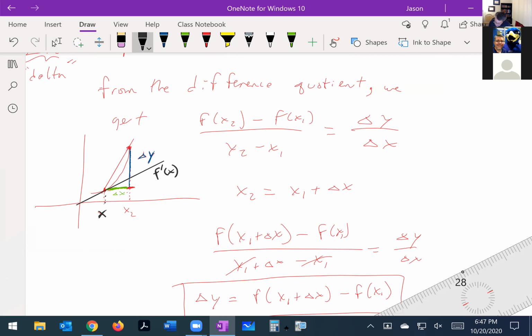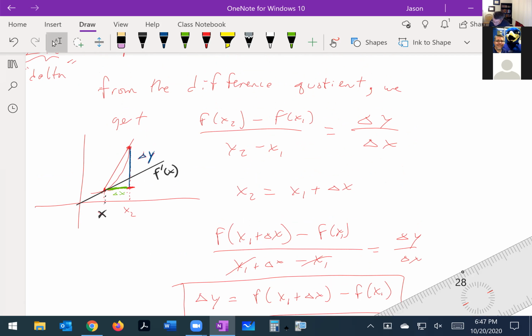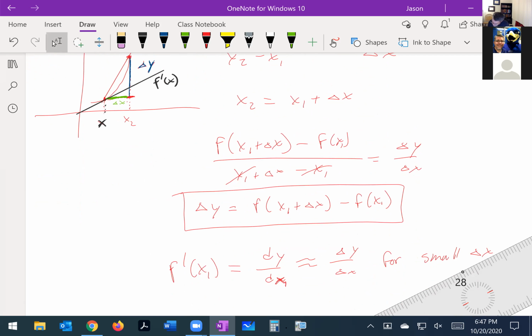And then you can let x2 be something else. Really doesn't matter. x2 is just kind of a dummy variable anyway. And so I can change this x1 to x. I'm just going to get rid of the 1 here.